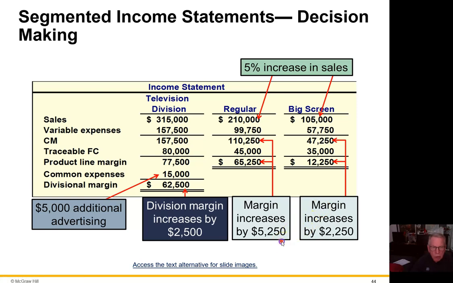The margin increased by $52.50 for the regular TV and $22.50 for the big screen. Common expenses go up by $5,000 because we have additional advertising. And so the division margin increases by a total of $2,500.